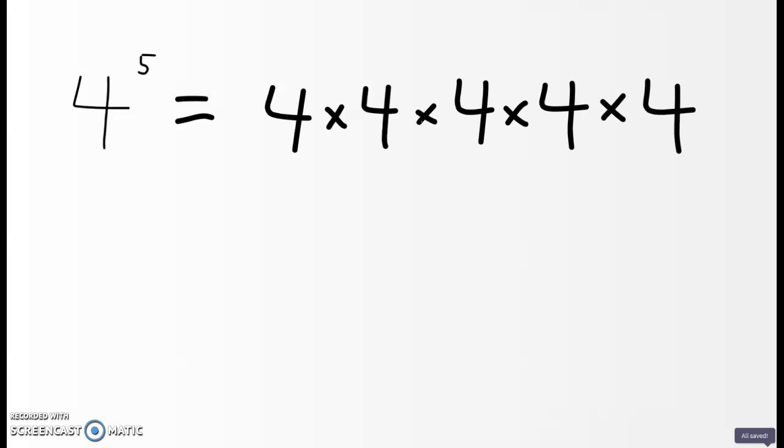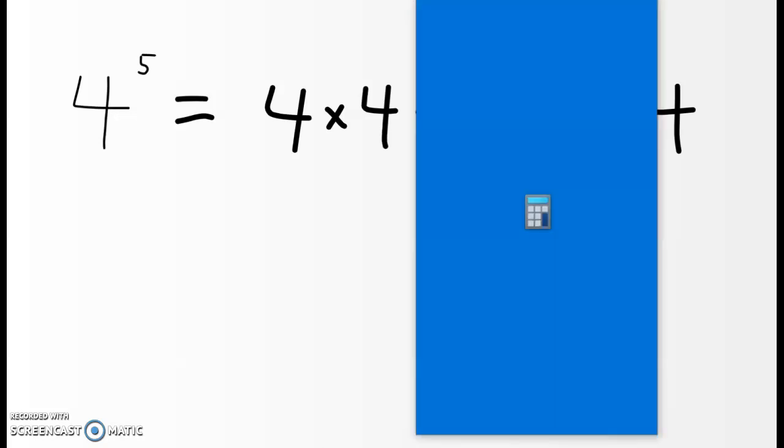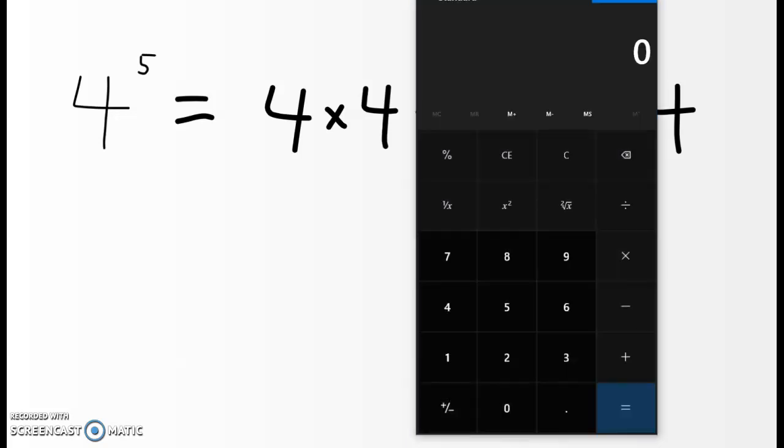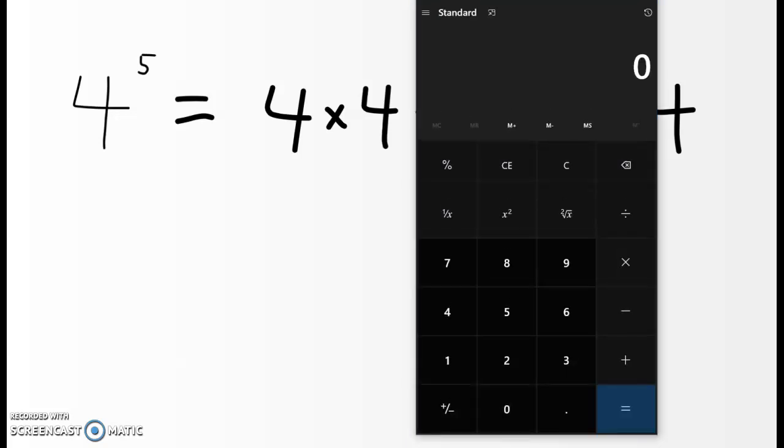Now, I don't know about you, but I don't have my 4 times facts memorized, at least not repeatedly multiplying 4 times 4 times 4 times 4 times 4. So this isn't anything I'm expecting you to be able to do in your head. There's a couple different ways we can do it. So if I just pull up the calculator on my computer here, you can see it's just a basic calculator.